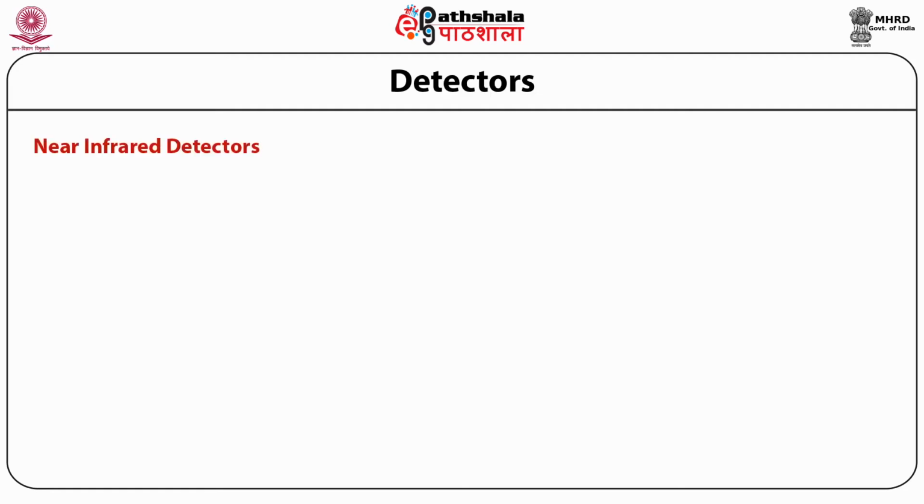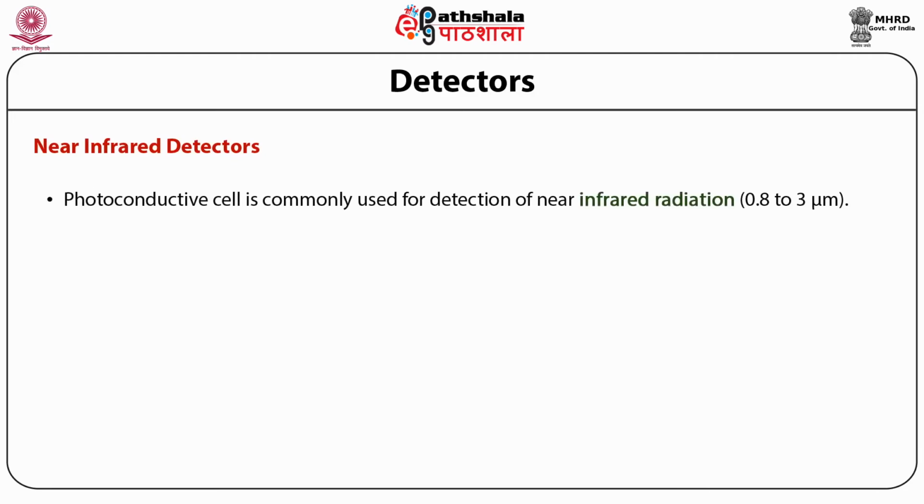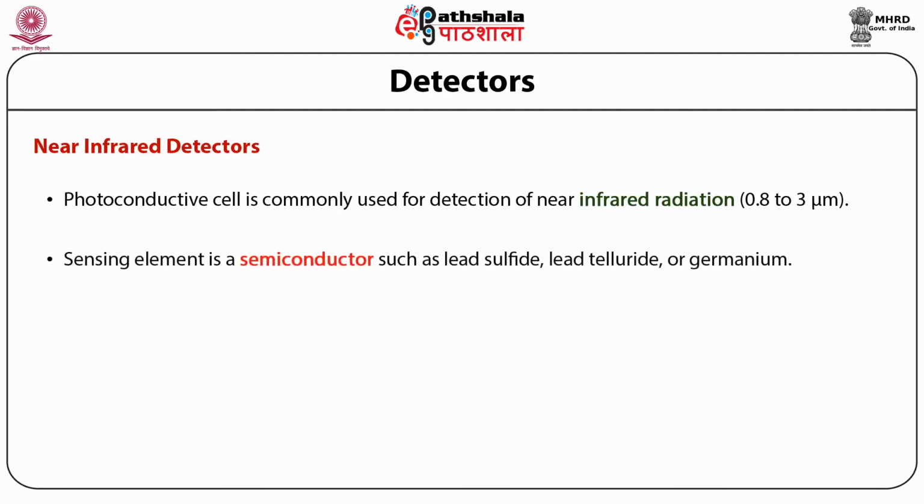Near-infrared detectors. The photoconductive cell is commonly used for the detection of near-infrared radiation in the range 0.8 to 3 micrometer. The sensing element is a semiconductor such as lead sulfide, lead telluride, or germanium.